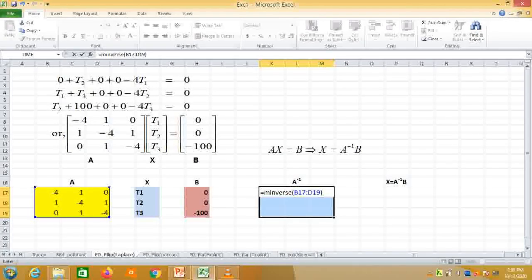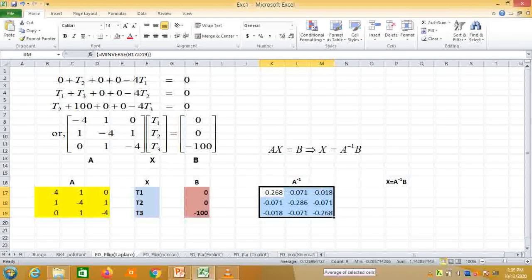Once we have found A inverse, we need to multiply A inverse by B. A inverse is 3 by 3, B is 3 by 1, and 3 by 3 times 3 by 1 is going to be 3 by 1.